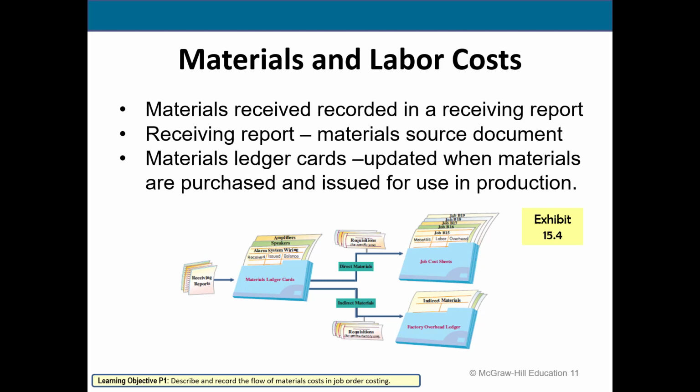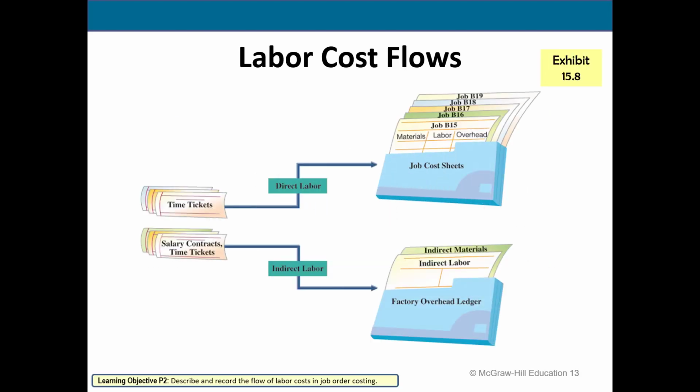All of these are documents that we'll use to help us keep track of the cost in job order costing. So labor costs include time tickets and salary contracts for indirect labor. We have a job cost sheet, which will include the direct labor. And then remember, any indirect labor is part of overhead.